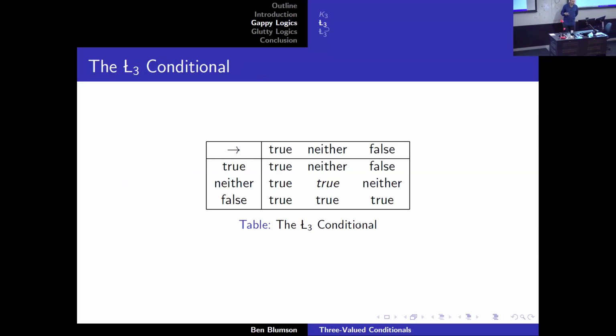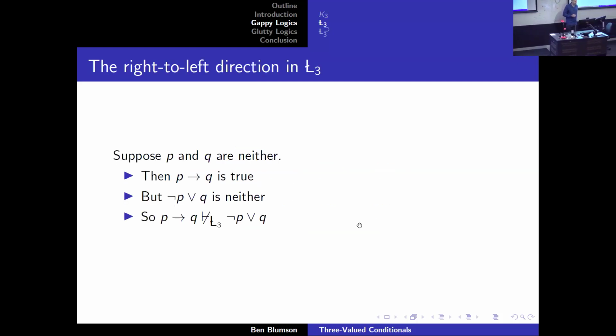So K3 is named after Kleene, that's why it starts with K. This is named after Lukasiewicz, so that's why it's called L3. And it's named after him because he suggested this truth table. Okay, so in this case, the law of identity will be good.